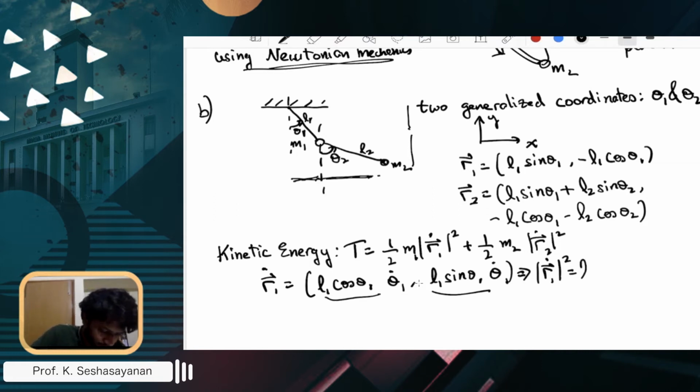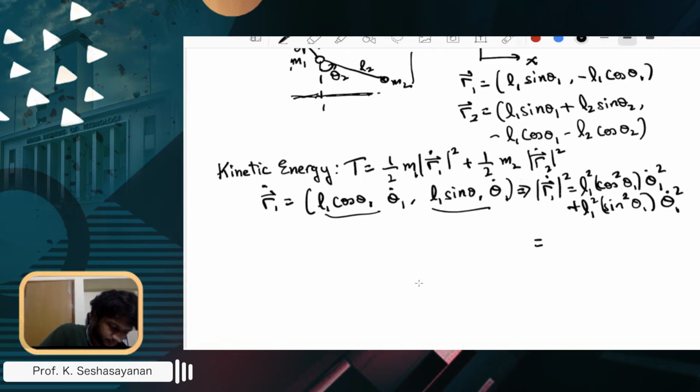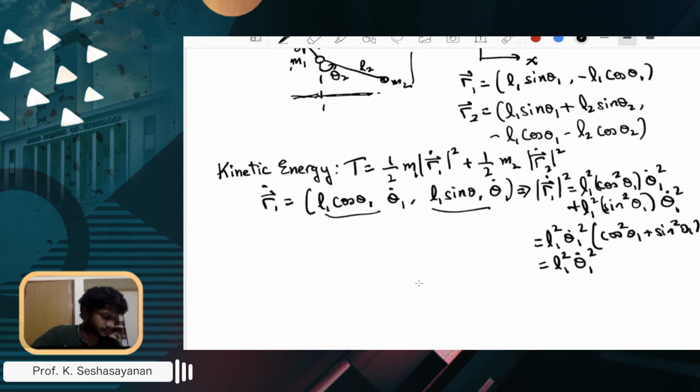So one gets L1 square cos square theta 1 times theta 1 dot square plus L1 square sin square theta 1 times theta 1 dot square. So we can take L1 square theta 1 dot square times cos square theta 1 plus sin square theta 1, which is 1. So this is nothing but L1 square theta 1 dot square.